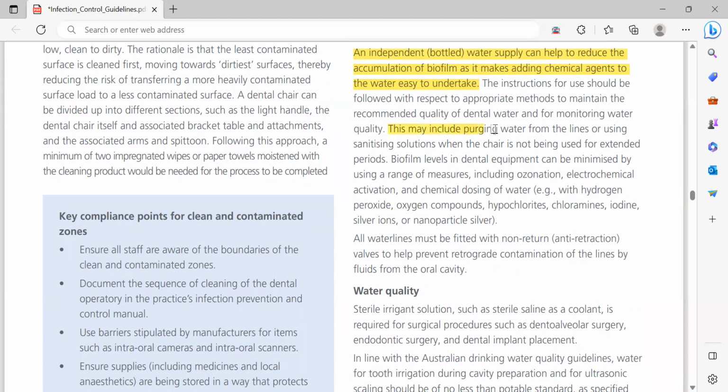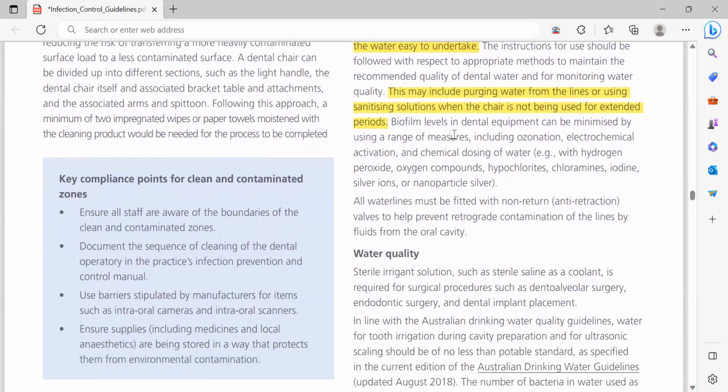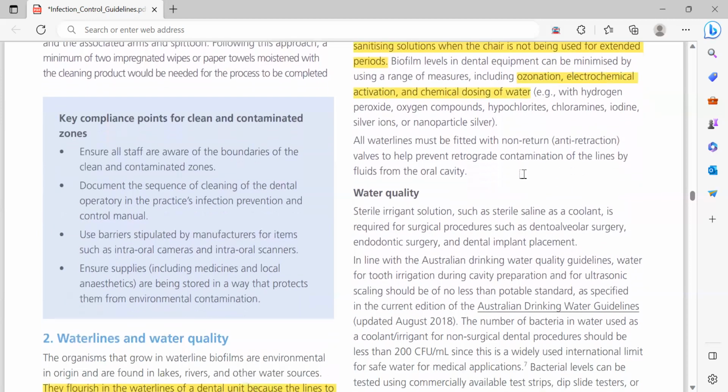This may include purging water from the lines or using sanitizing solution when the chair is not being used for extended periods. Biofilm levels in dental equipment can be minimized by using a range of measures, including ozonation, electrochemical activation, or chemical dosing of the water.